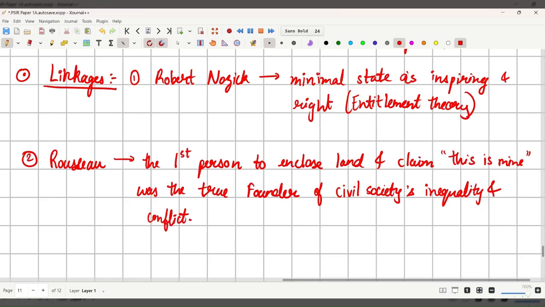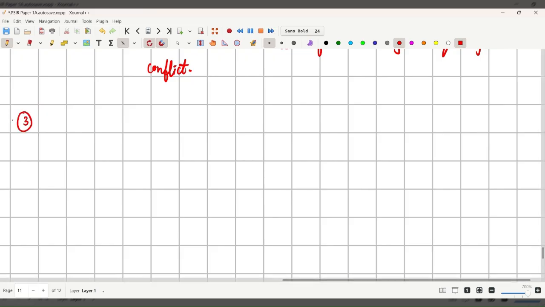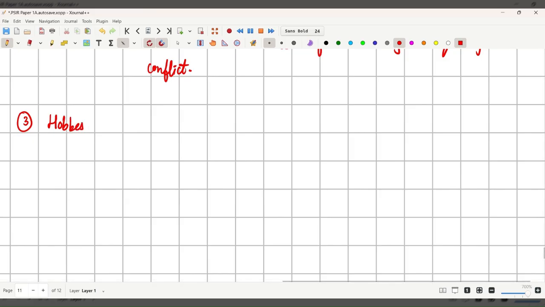Then you can link Hobbes here. Between Hobbes and Locke there is a conceptual contrast.